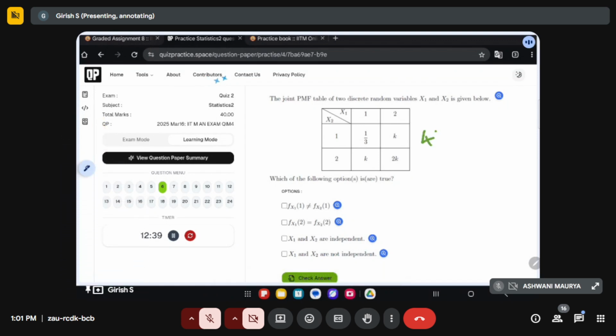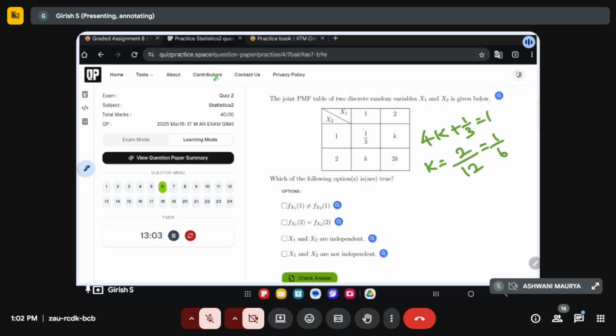So that becomes 4k plus 1 by 3 into 1, and k is nothing but 1 by 6. Now we have to find what is fx1 of 1.